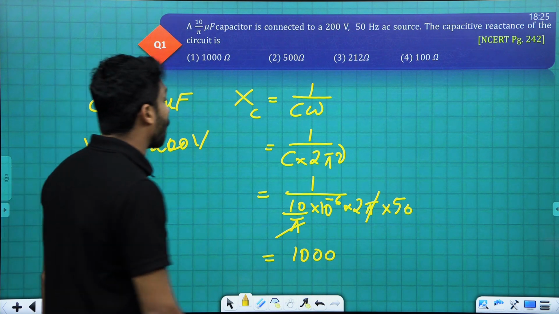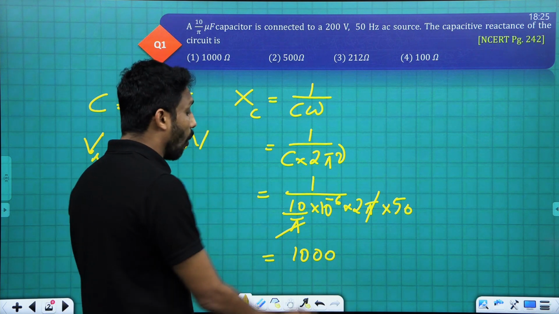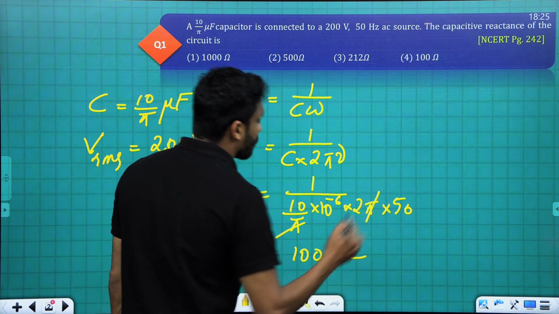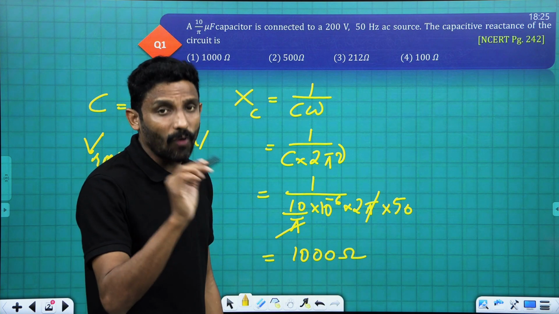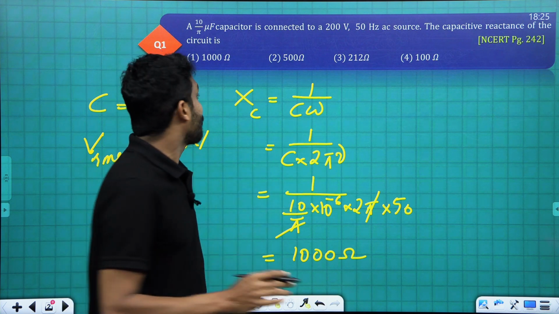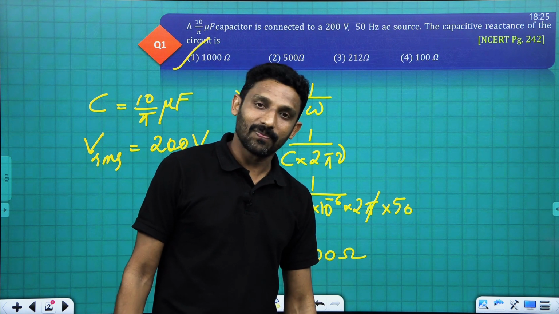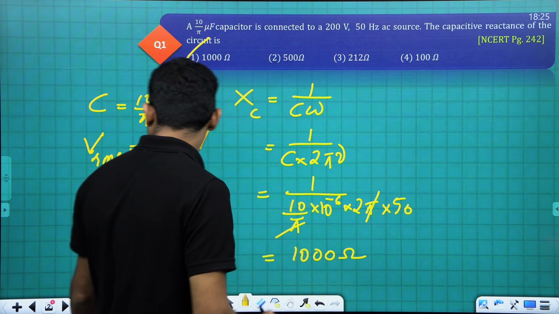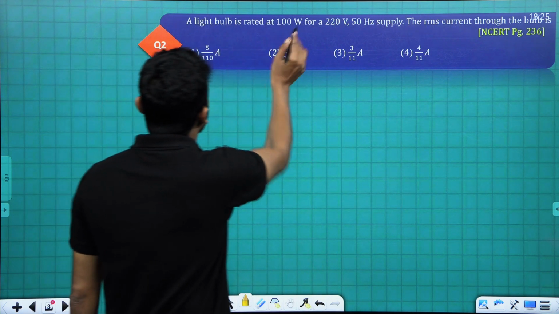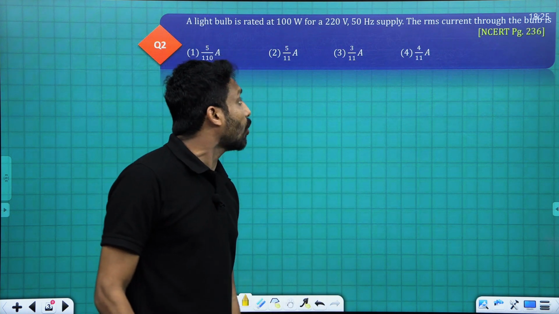The SI unit of capacitive reactance, inductive reactance, etc. is ohm. Those are the resistance offered by the corresponding component to the circuit. So the answer is option A, 1000 ohm. Clear? Very direct question.